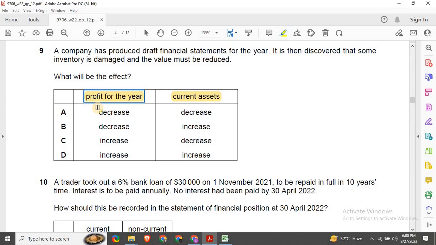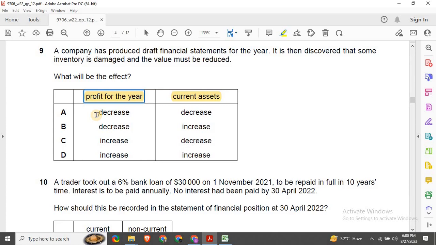Now cost is subtracted from the sales to find out the profit. So if my closing inventory was 10,000 before, now it is only 5,000, I will subtract only 5,000 as my current closing inventory to find out cost of sales.